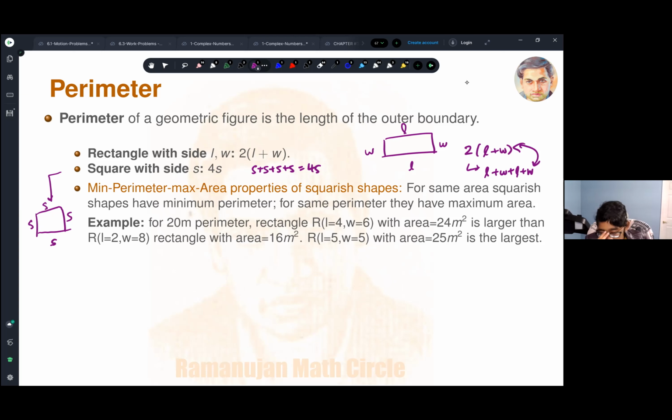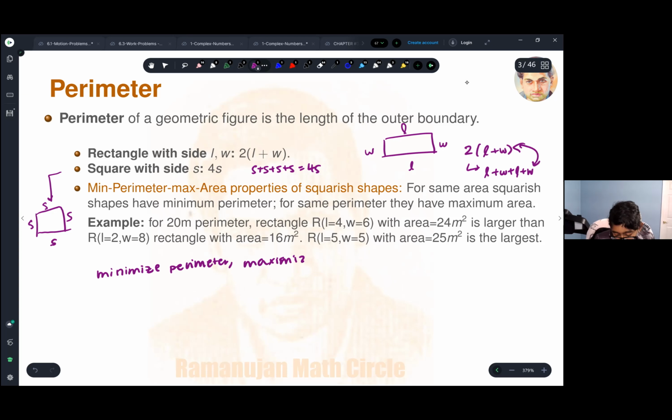Now we'll talk about something called the min perimeter and max area properties of square shapes. What that means is that whenever you want to minimize the perimeter and maximize the area, meaning have the greatest area and the least perimeter, then make a square-like shape.